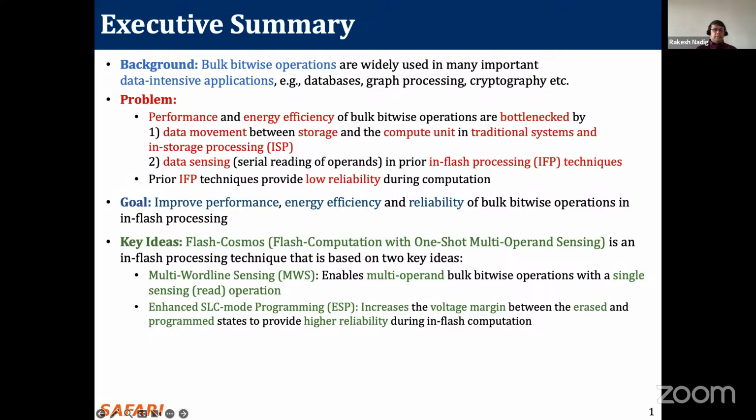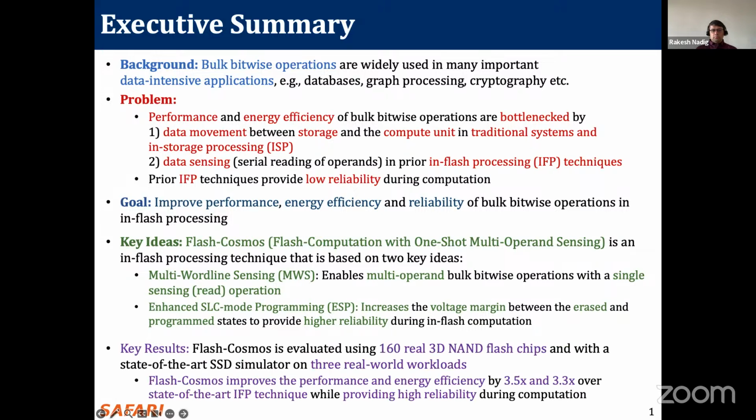The second idea is enhanced SLC mode programming, which increases the voltage margin between the two states in an SLC flash memory. By increasing the voltage margin, we get higher reliability during in-flash computation.